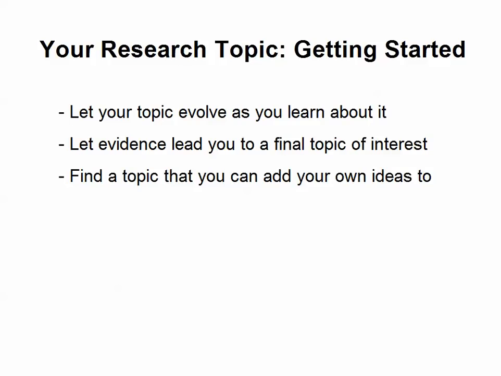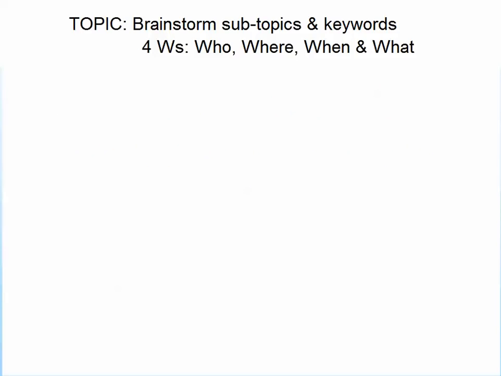Now, a good way to explore a possible topic and to help you find an effective aspect of that topic is to brainstorm about your topic, and specifically about possible subtopics that authors and researchers might write about, and keywords that are associated with that topic that you can then use to search the literature to find resources, information sources on your topic.